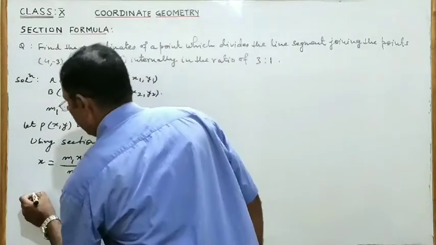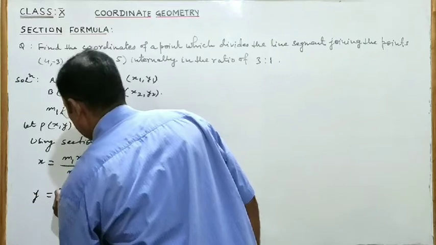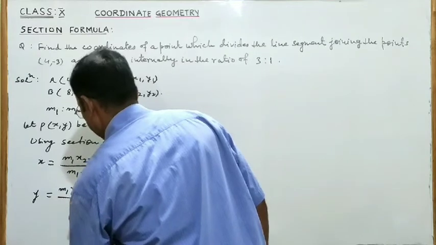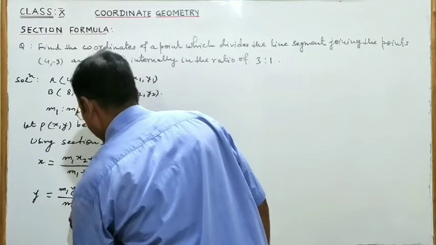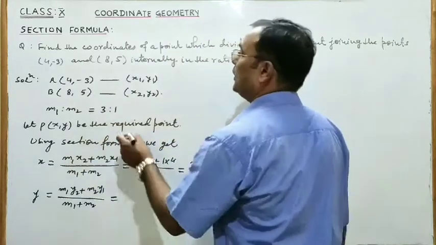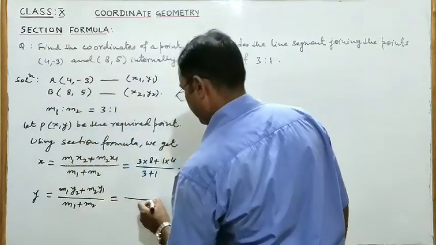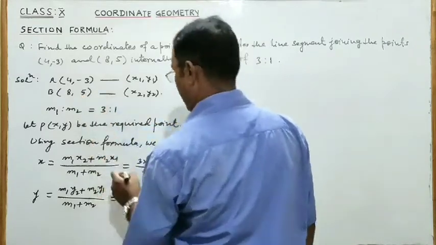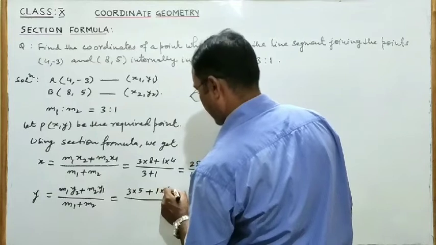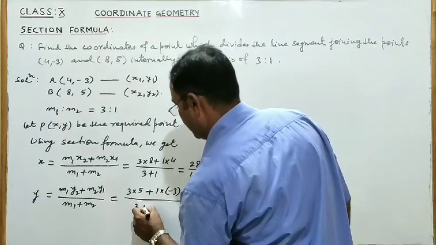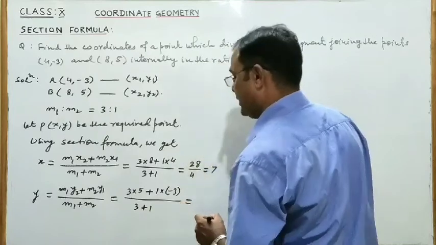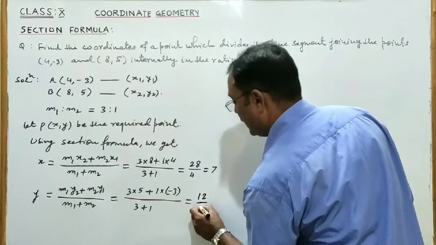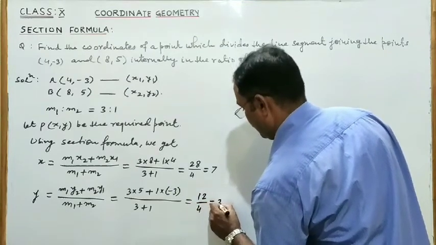And y is equal to (m1 y2 plus m2 y1) by (m1 plus m2), equal to (3 into 5 plus 1 into -3) divided by (3 plus 1). 3 times 5 is 15 minus 3 is 12, by 4 equal to 3.